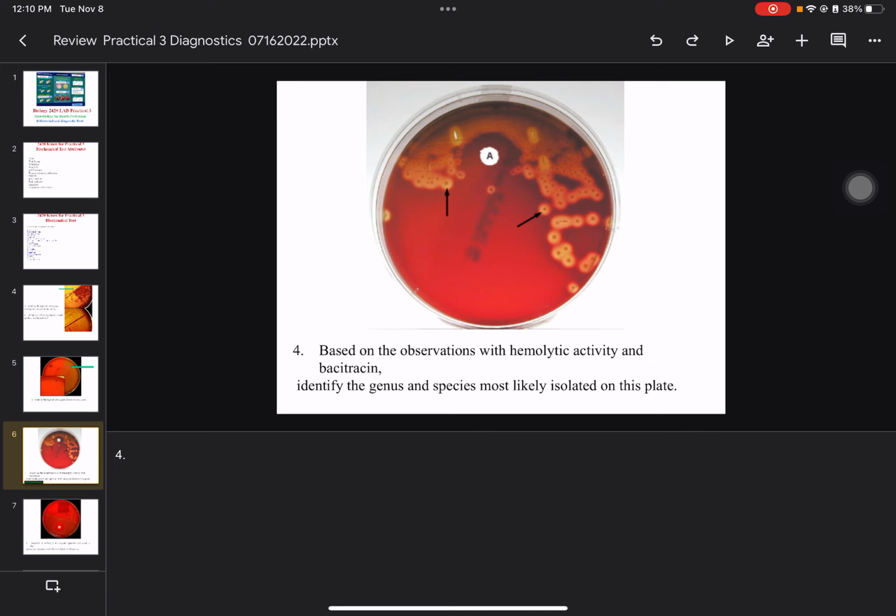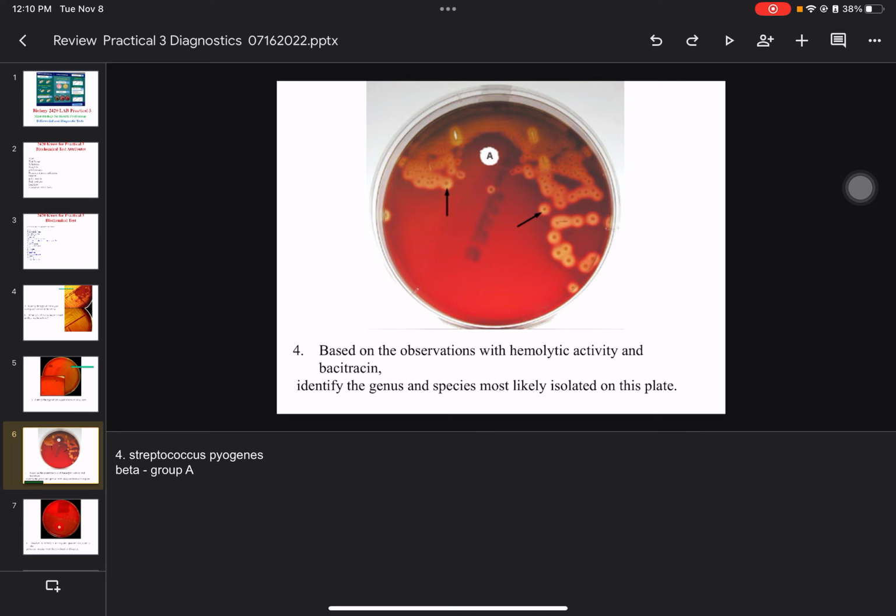Streptococcus pyogenes. But here you should say, oh, it's beta hemolytic, it's sensitive to the A disc, the only thing that does that is Streptococcus pyogenes. You said it's the only one that does what? It's the only one that is sensitive to the A disc and beta hemolytic.